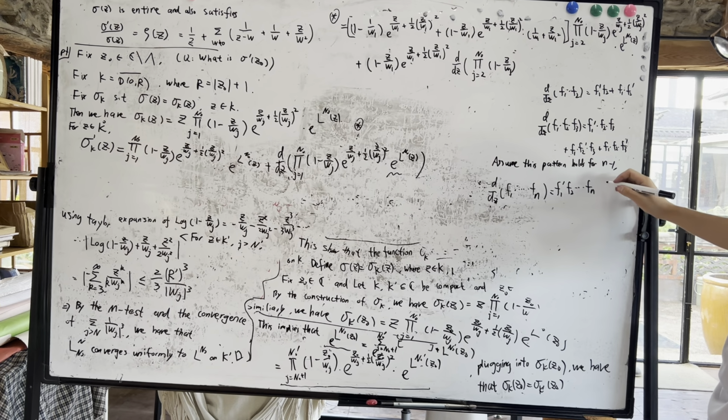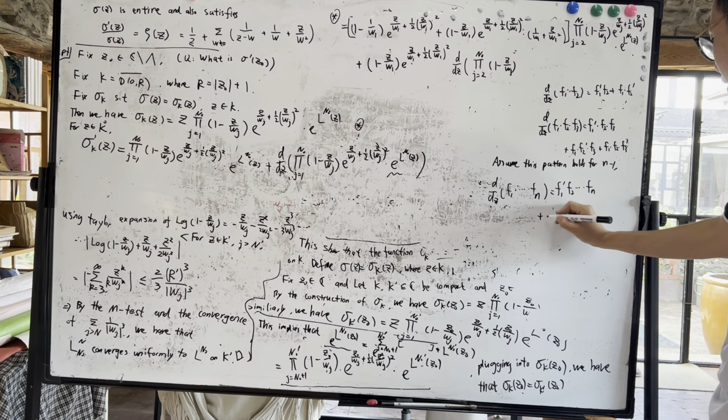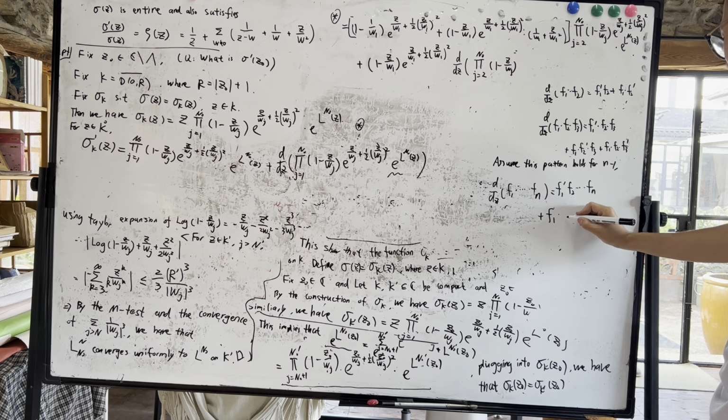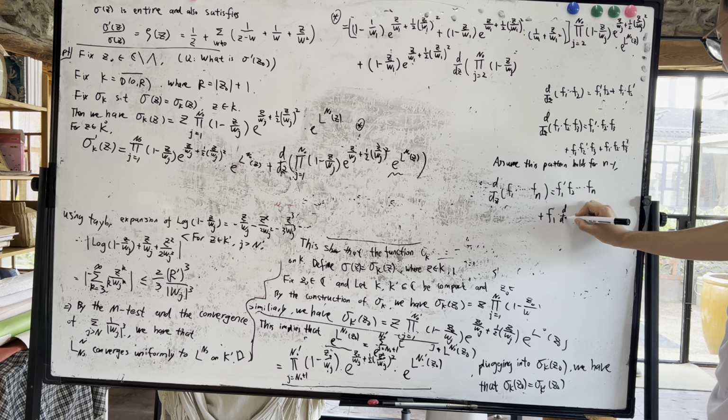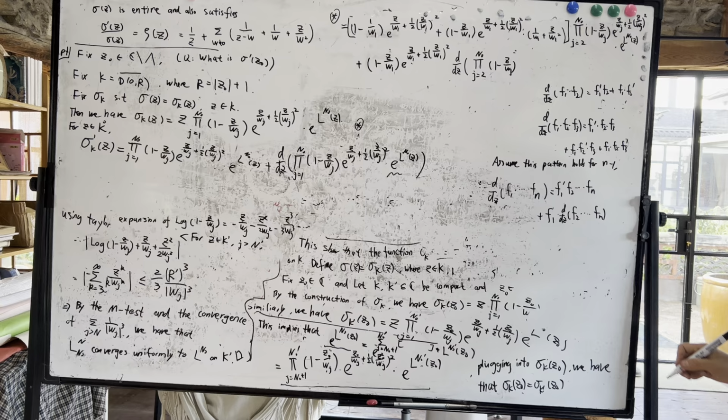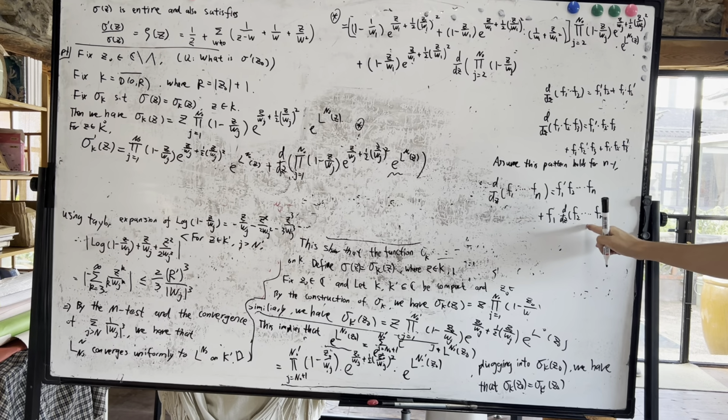This is the first part. And then keep f1, times the derivative of f2 times ... times fn.